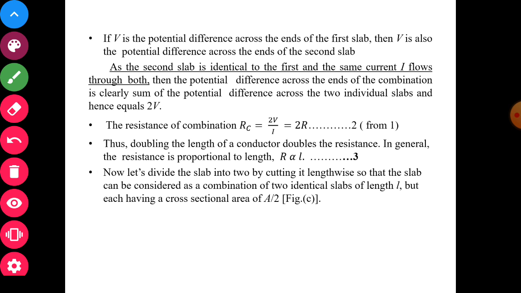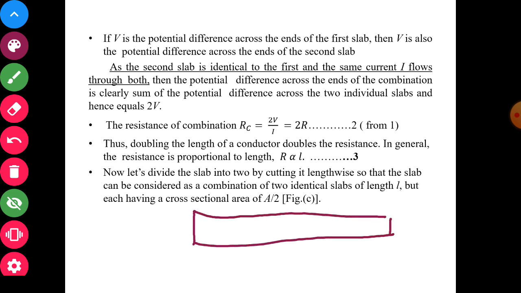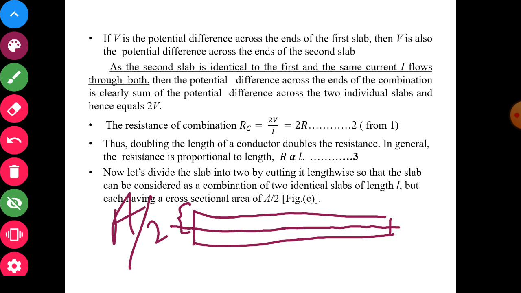For example, this is the slab whose length is L, and if you cut it from here, then the upper part will have length L but cross-sectional area A by 2. Earlier the whole area was A, but the upper part will have area A by 2, and the lower part will also have area A by 2, which is shown in the next figure.